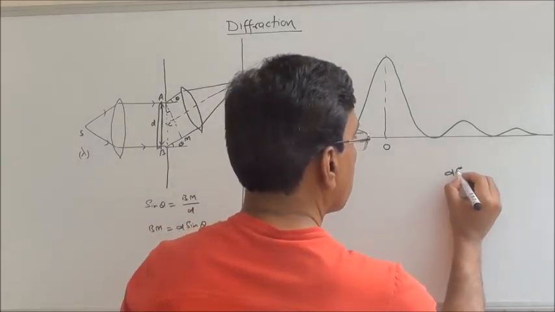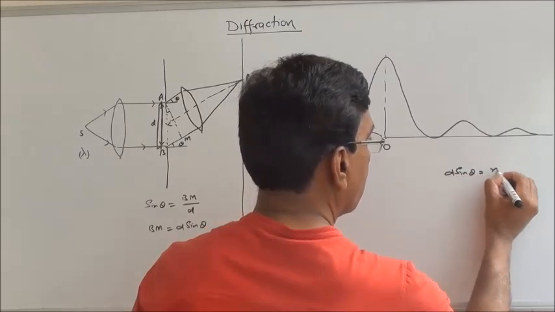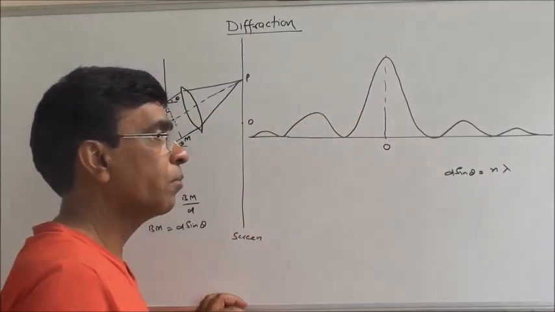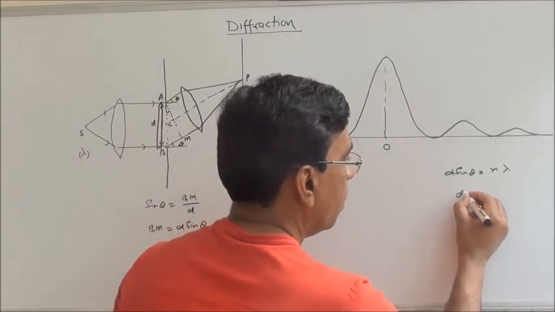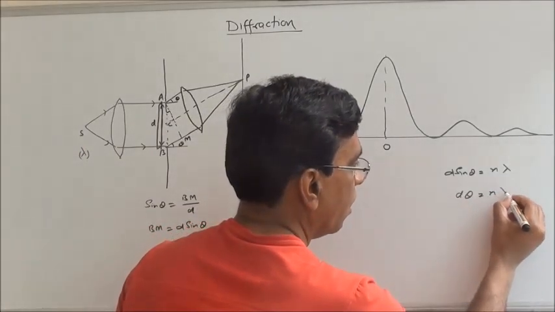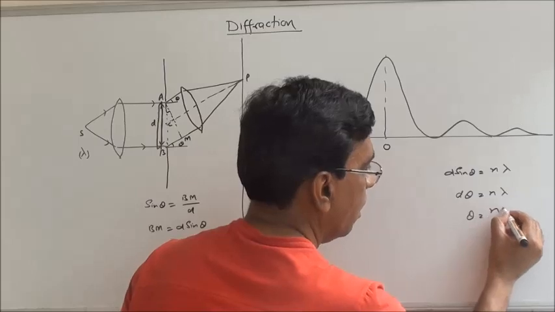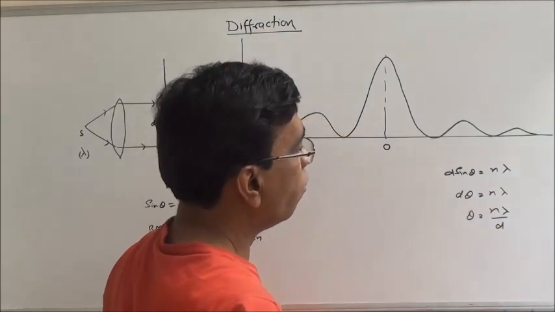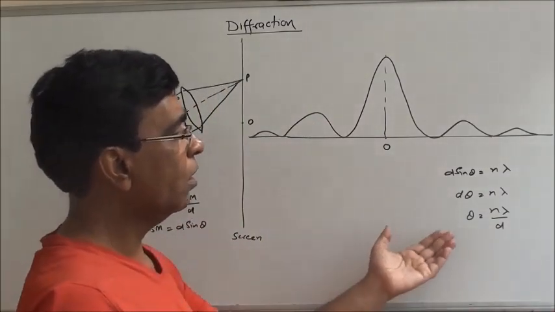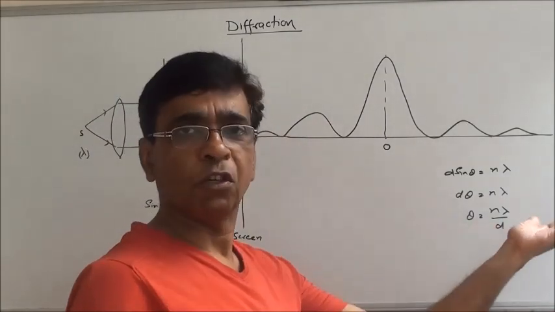So d sine theta equals n lambda. This is the condition for minima. So for small angles, I can write theta is n lambda by d. So this will give me the conditions for minimas. So I can find out the position of different maxima.